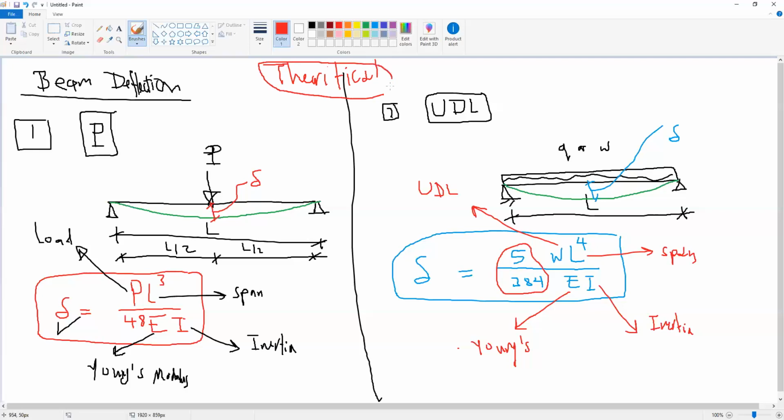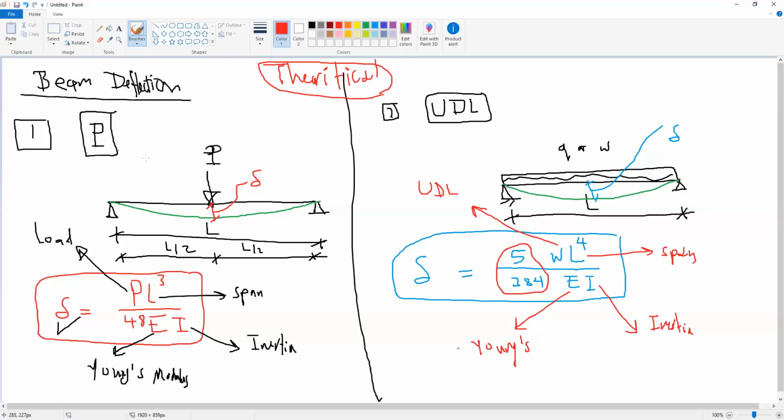Our role in this tutorial today is to compare the experimental results with the theoretical results to see the difference and the accuracy of the formula.